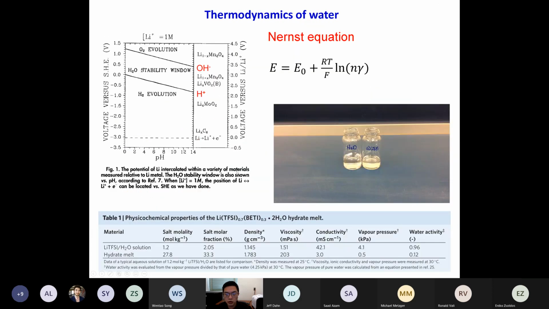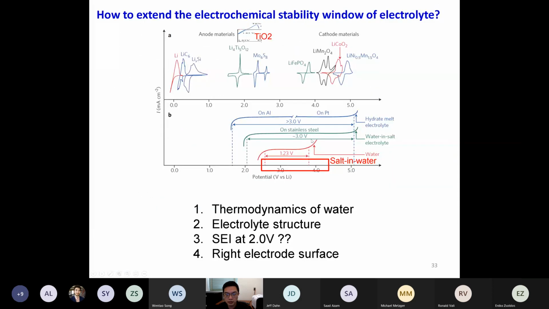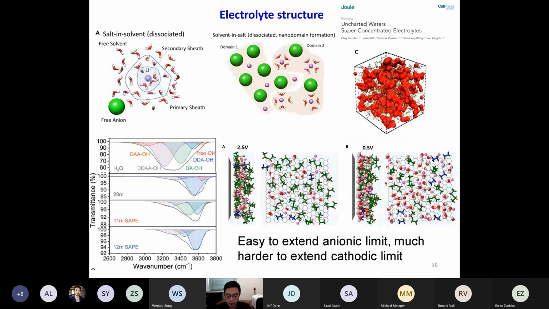That's why we always have this kind of asymmetrical extension of the electrochemical stability window. We normally find it's much easier to promote the window on the cathode side, but it's always very hard to extend the window on the anode side.